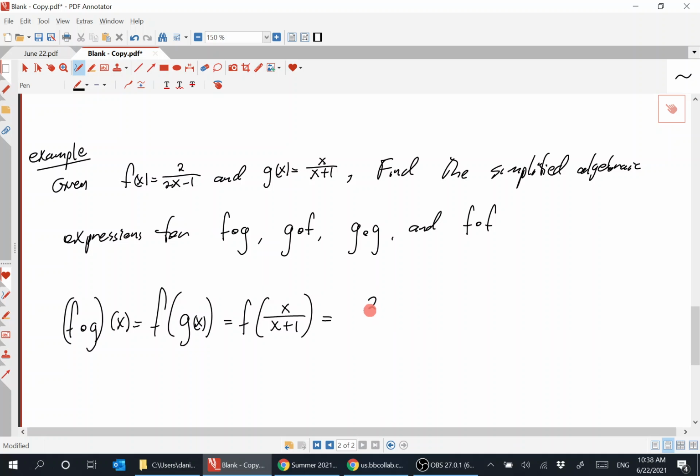That's f. It's 2 over 2 blank minus 1. So what goes in the blank here if I want f of x over x plus 1? What goes here?